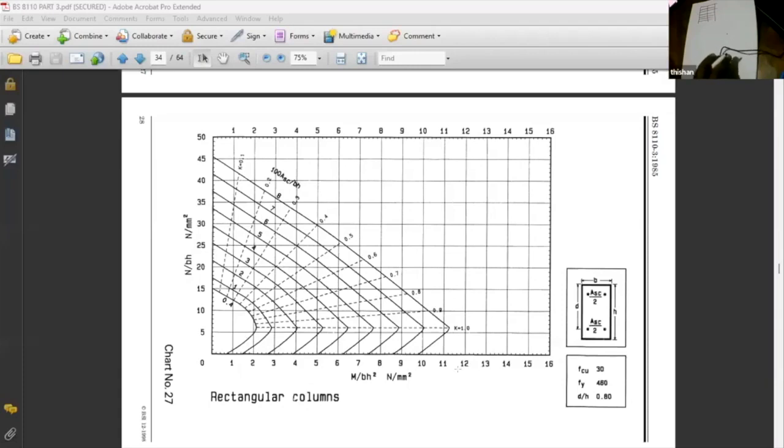So here I'm going to tell you why we remain in this part of the chart most of the time. We have a multi-story structure. What we do is we load one floor with a simplified substructure.